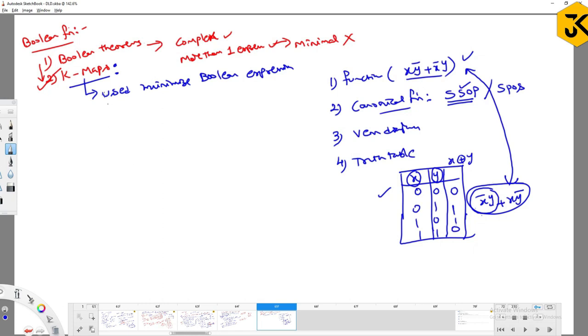Fine. So the advantage of the K-map is that it is used to minimize the Boolean expression. And how can we minimize this Boolean expression? When you have the data in the form of truth tables, it is a diagrammatic representation of a truth table.